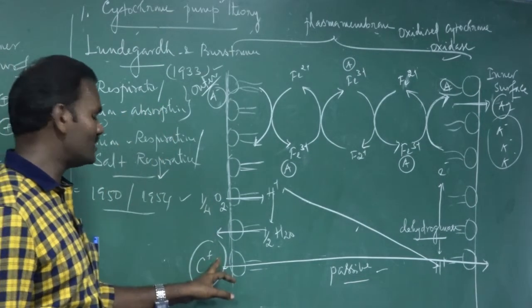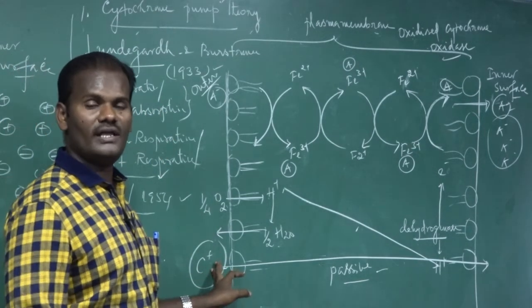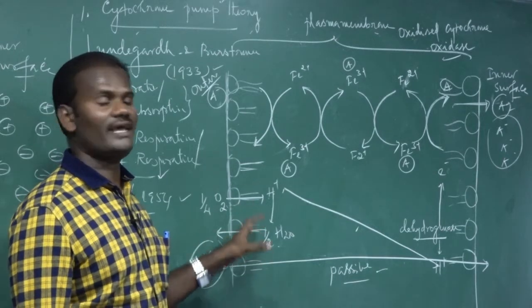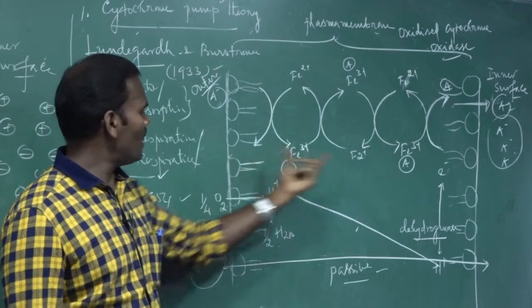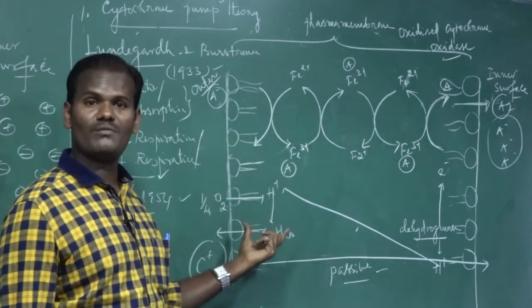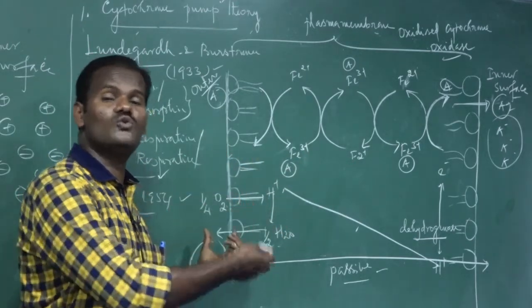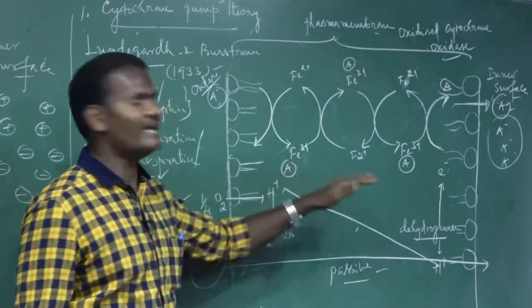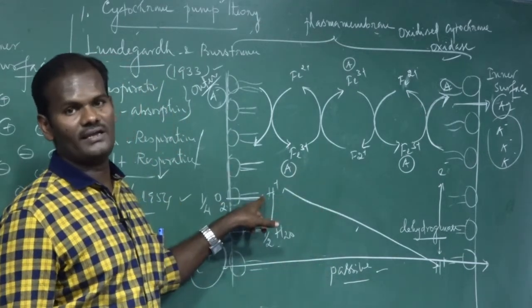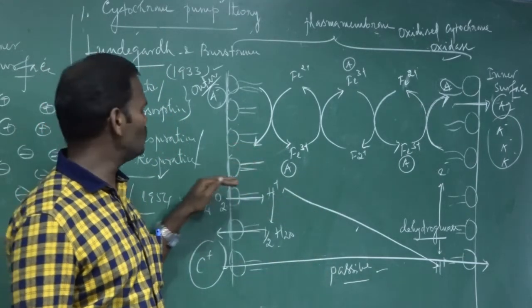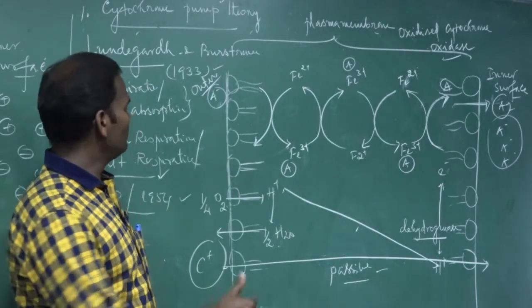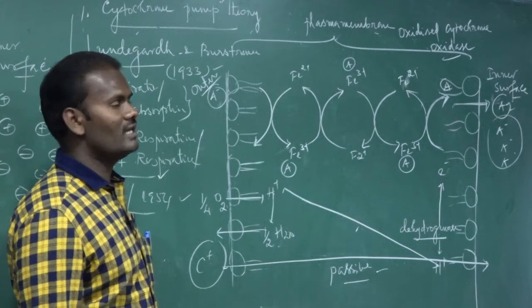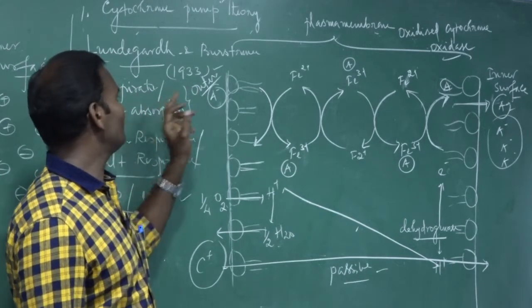He also failed to explain the selective pickup of ions, because the plasma membrane is a semi-permeable membrane, and only selective ions are allowed to be transported. But he failed to explain which ions are selected across the plasma membrane. These are the defects in the cytochrome pump theory proposed by Lundegardh in 1933.